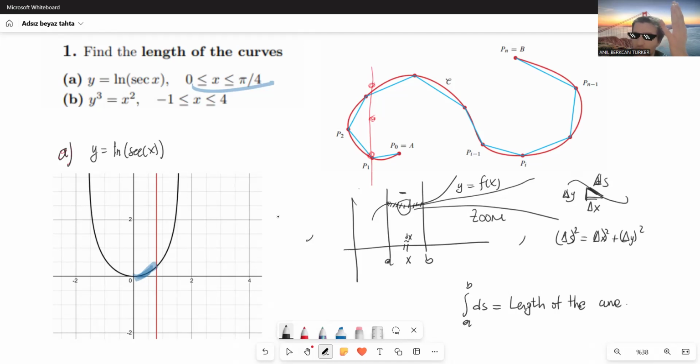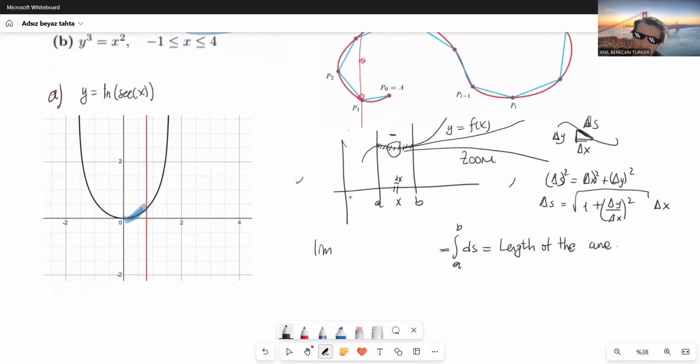By the way, we can write this as the square root of 1 plus delta y over delta x squared, times delta x.